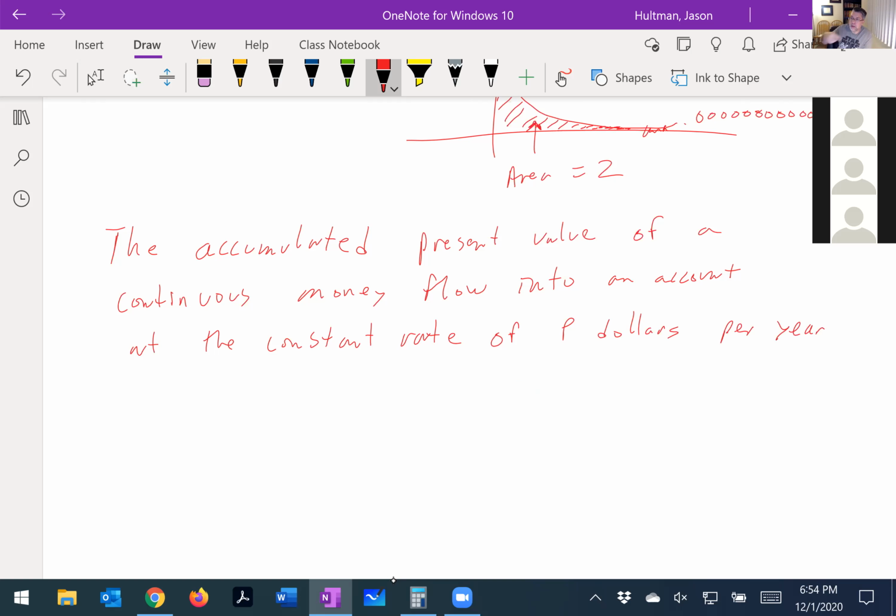So I'm putting money in, P dollars per year, perpetually. I'm just putting this in perpetually, okay, forever.